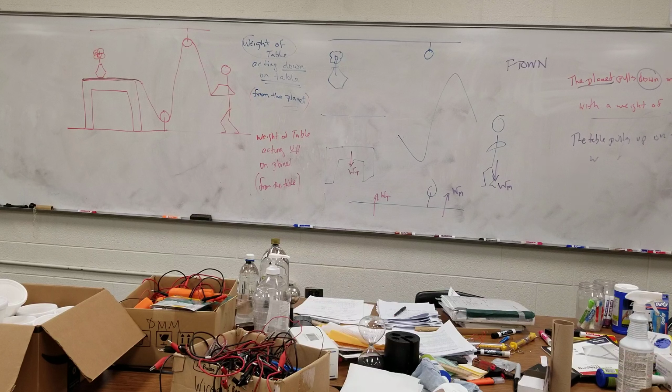Now, because the Earth is so massive, it doesn't notice. But it's still there. If I climbed up on the table and jumped down, the Earth would come up towards me. Because I'm applying a force to this large mass and it'll accelerate. And having done the calculations, the planet will move about roughly the size of a nucleus of an atom. That's how much the planet will come up.